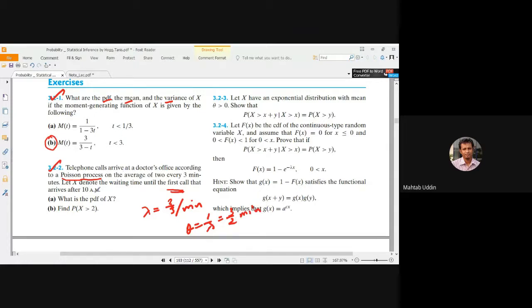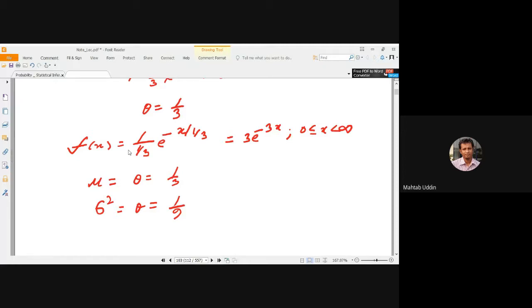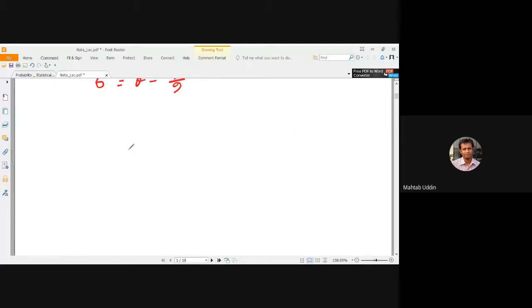They said to find the PDF and the probability of x greater than 2. So let's go. Here lambda equals 2 by 3, then theta equals 3 by 2.